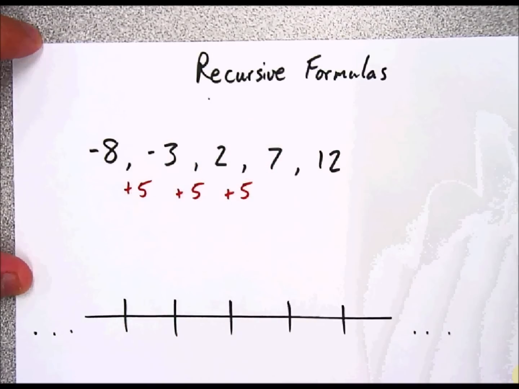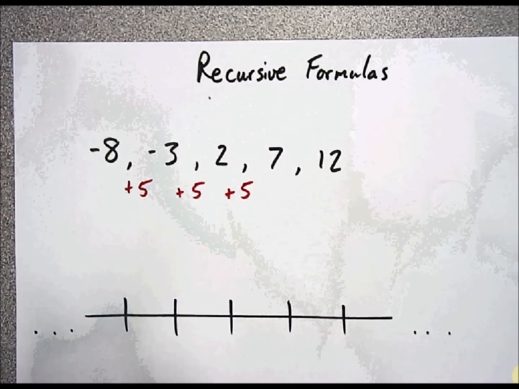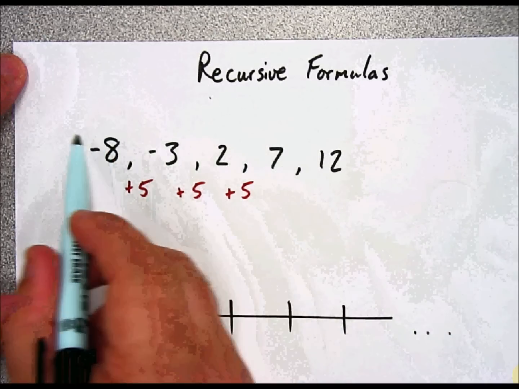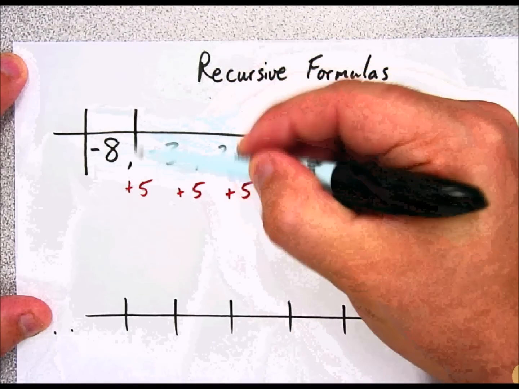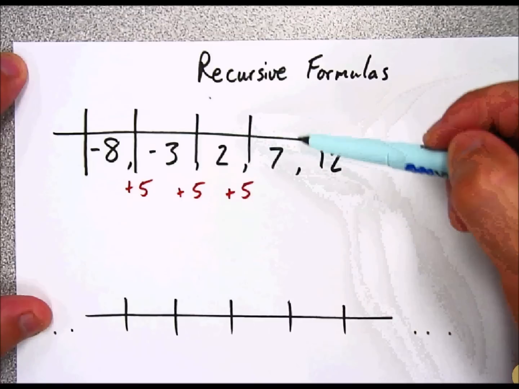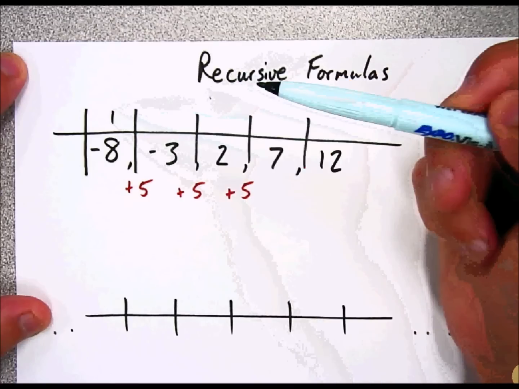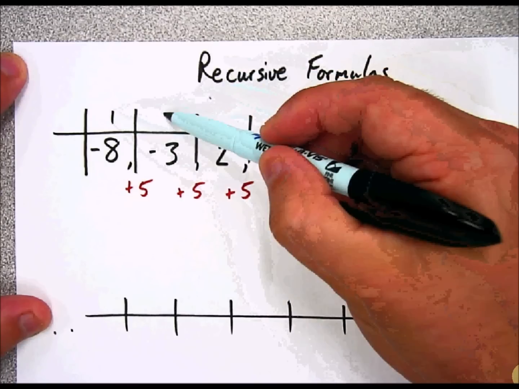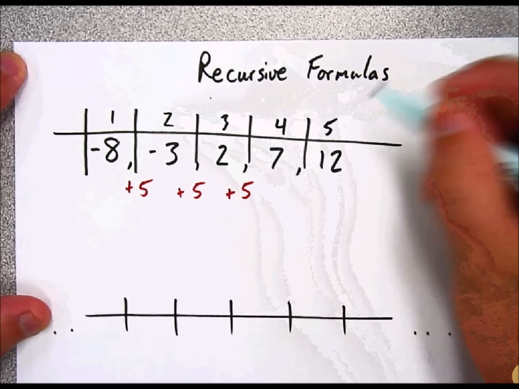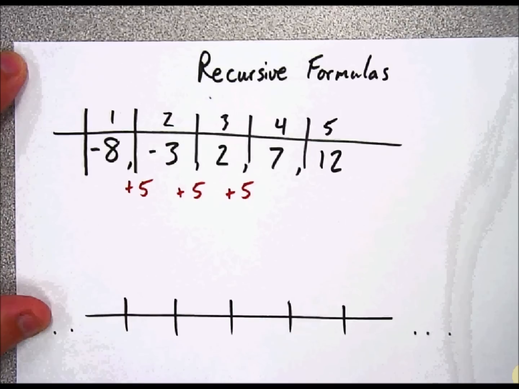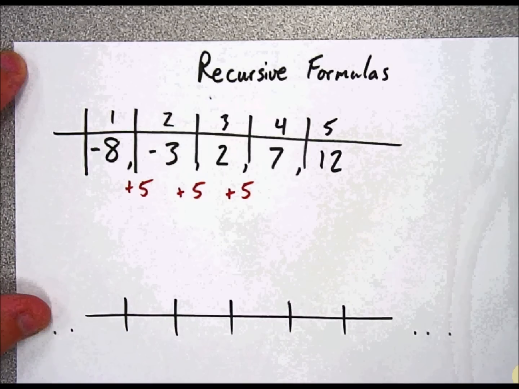Okay? And so just a quick recap here. A lot of times we think about a sequence in terms of an input-output table. This would be the first number in my sequence. We call that the first term, second term, third term, and so on. There are two kinds of rules or formulas that we're usually trying to find.